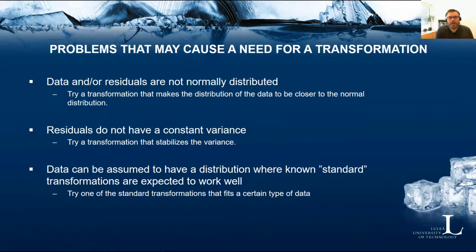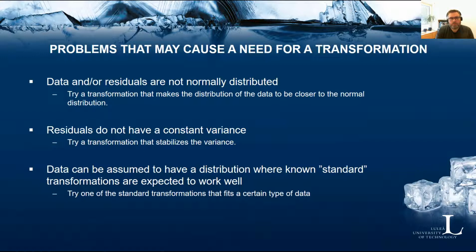More on problems that may cause a need for a transformation. We can have data and or residuals that are not normally distributed. That's not uncommon. So we can try to transform the response in such a way that the distribution of the data gets closer to the normal distribution.